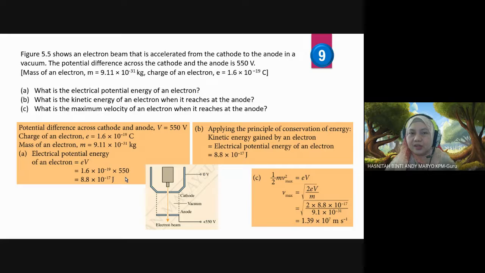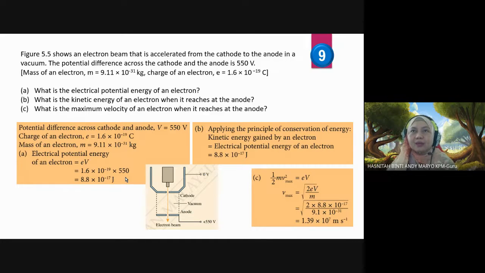Okay, so this chapter is quite short. You only have to understand what is thermionic emission, what is cathode ray, and how the process occurs inside the cathode ray tube, starting from when we turn on the switch connected to the filament. The filament heats up, it will heat up the cathode, which will emit electrons. This electron will accelerate to the A naught, and this electron is called a cathode ray.